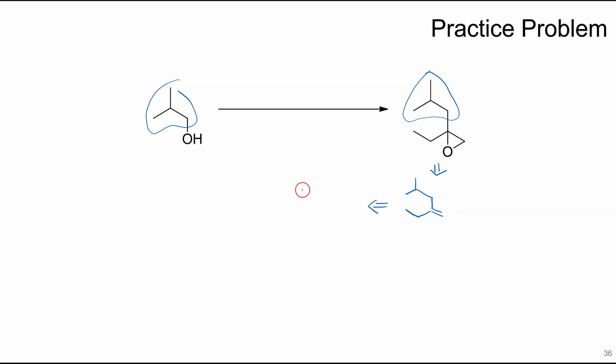And to form an alkene, you might have something with a leaving group there. And maybe we had an OH here. And I only went through the OH because we can use Grignards.